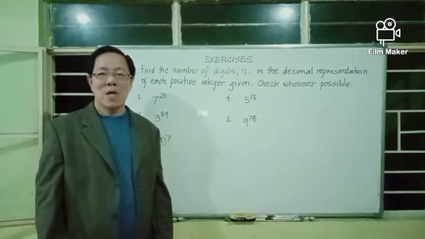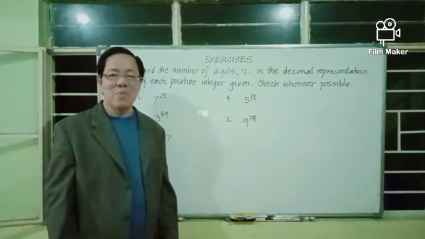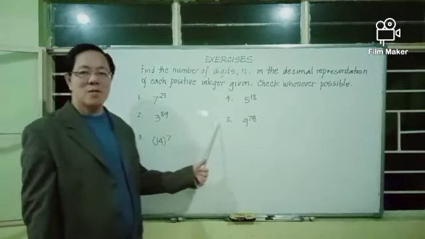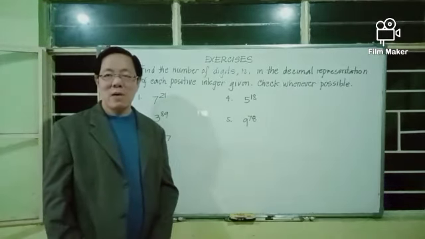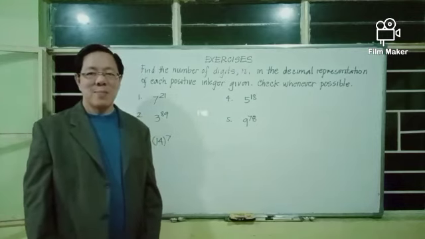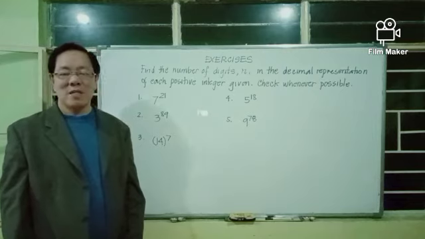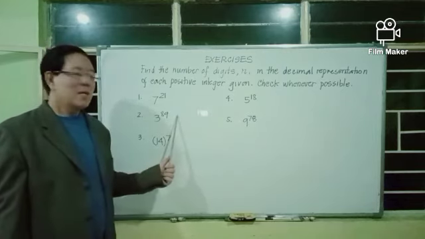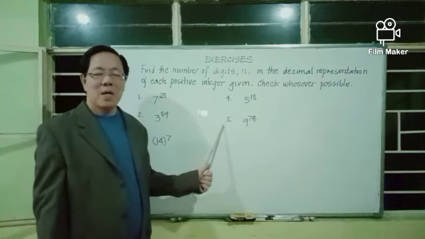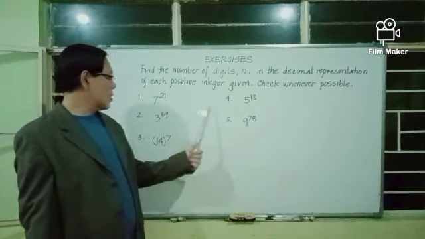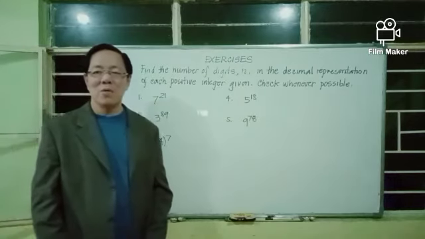And so you will not be able to count exactly the number of digits in the decimal representation of these two positive integers. So it's not possible to check the number of digits for numbers 2 and 5. But you can check your answers for numbers 1, 4, and 3 using your calculator.